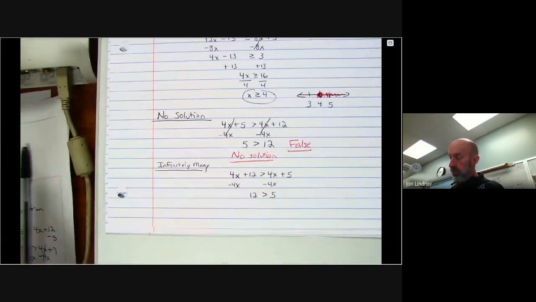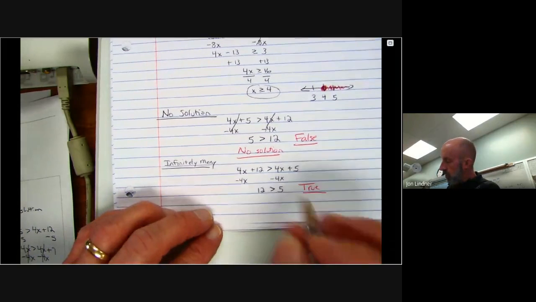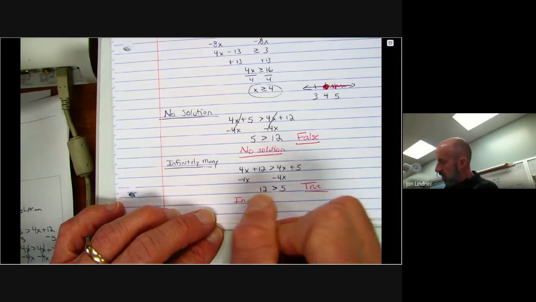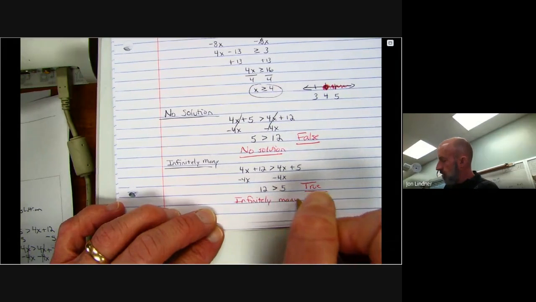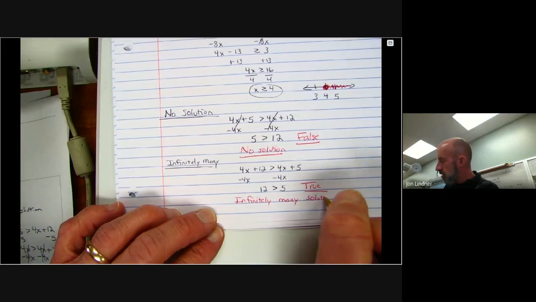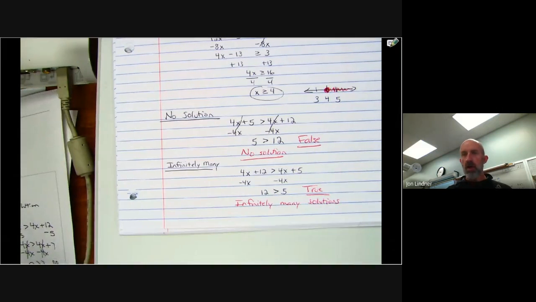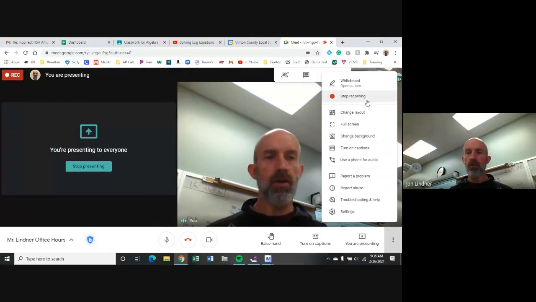Well, that is a true statement. So in this case, any x would work. The answer here is that there are infinitely many solutions to this problem. And that is a good introduction to solving linear inequalities, and hopefully that helps you.